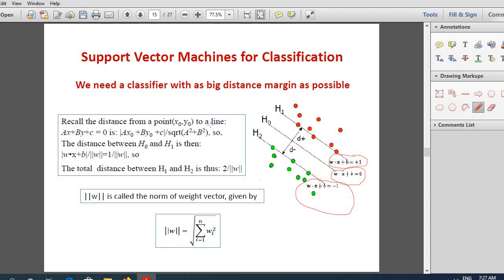The distance of a point (x naught, y naught) to a line ax plus by plus c is given by modulus of a into x naught plus b into y naught plus c, divided by the root of a square plus b square. Similarly, the distance between the two lines H naught and H1 is given by modulus of Wx plus b divided by the norm of w.